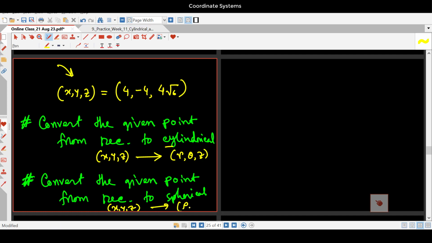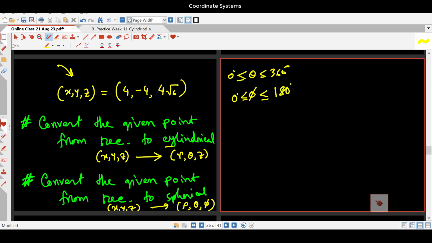That means we know spherical coordinates are rho, theta, and phi. So remember, theta can be from 0 degrees to 360 degrees, phi can be from 0 degrees to 180 degrees. So there are some restrictions on theta and phi.